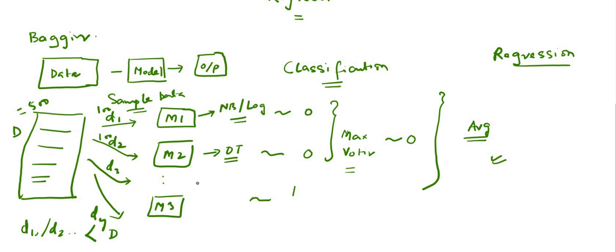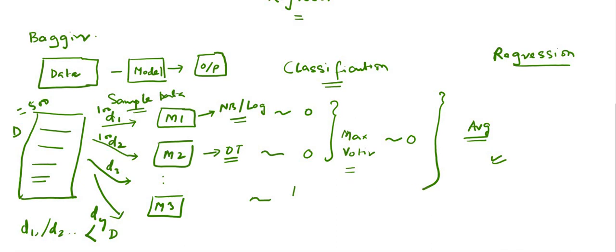So I hope you understand the bagging concept: first we create some small models with the sample data, and then we use a voting mechanism for the classification problem, or an average for the regression problem, to identify the final output. Okay, this is very important.